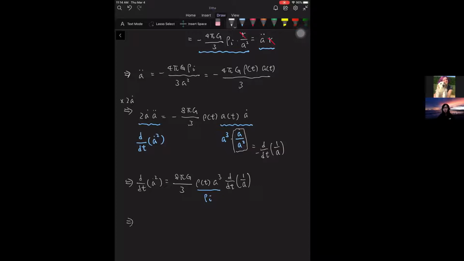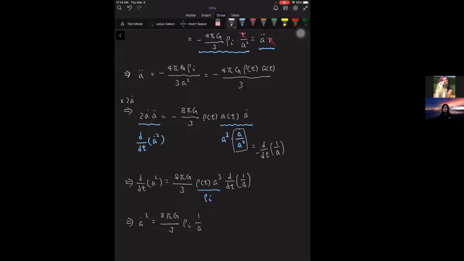So we can then write this as a dot squared equals 8 pi G over 3 times rho i times 1 over a, right?